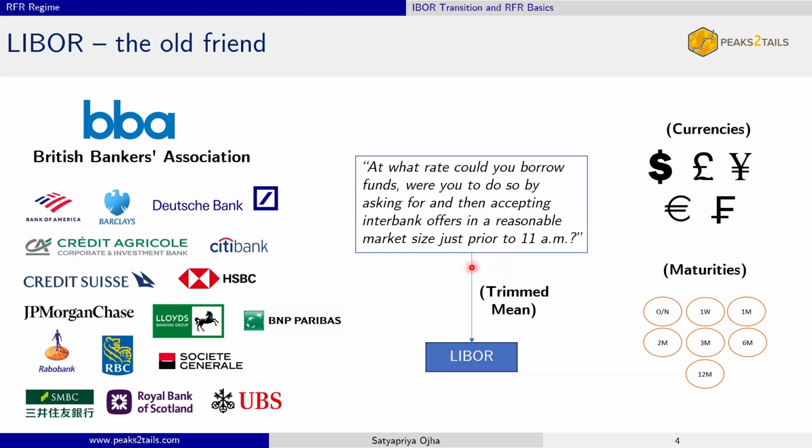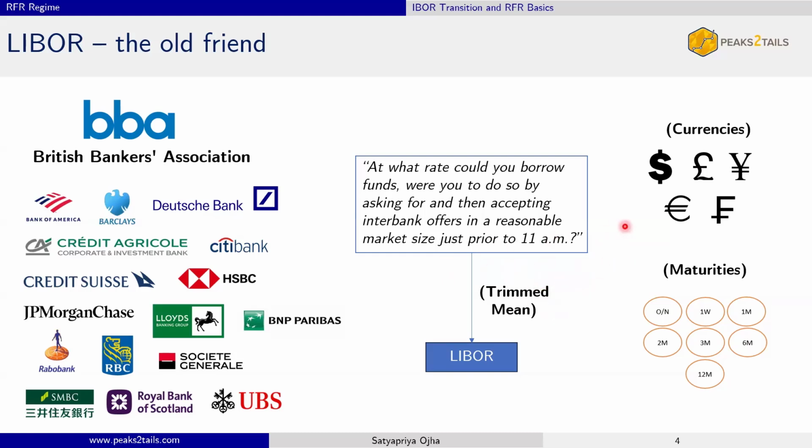So every bank submitted that quote, and then LIBOR was a trimmed mean of those quotes. For example, let's say we got 16 quotes from the 16 banks. You remove the top 4, remove the bottom 4, right? So you trim the outliers. Then for the remaining 8, you take the average. That becomes the LIBOR for that day, which everybody used for various purposes: derivative valuation, risk management, hedging, everything.